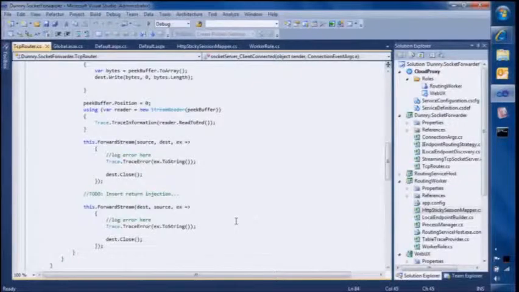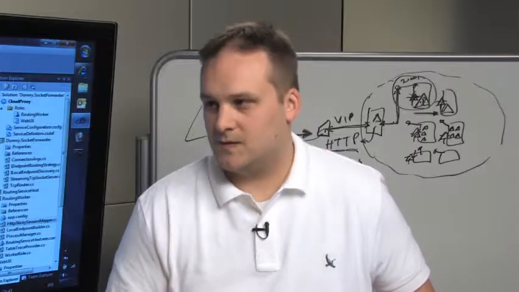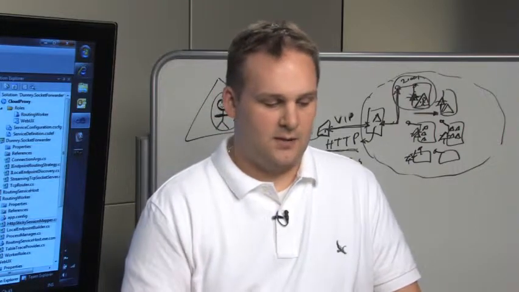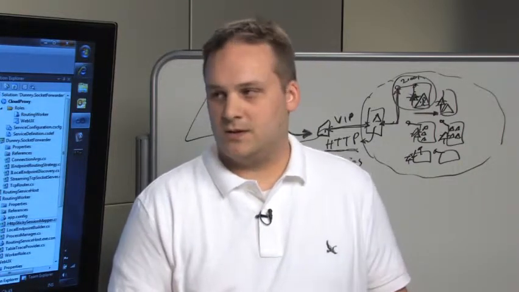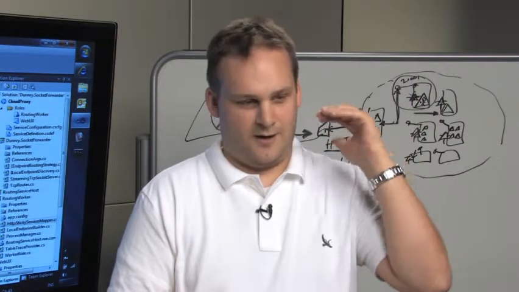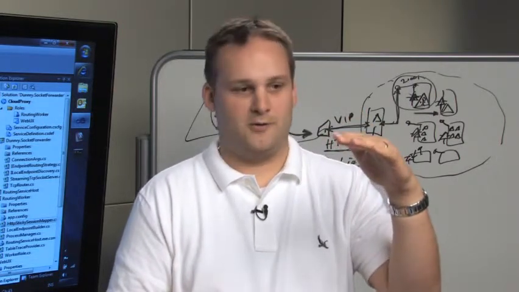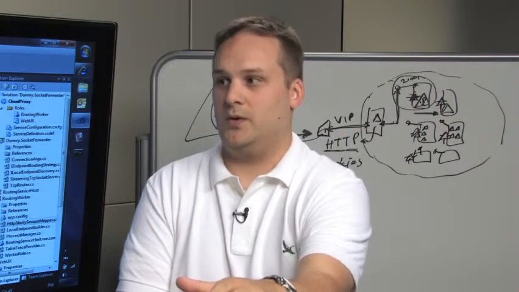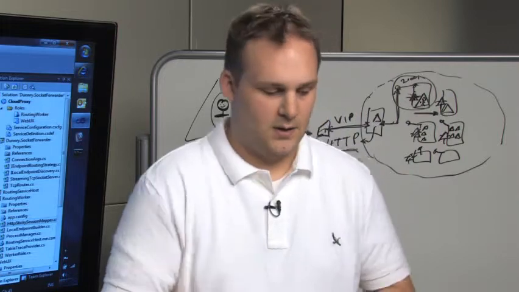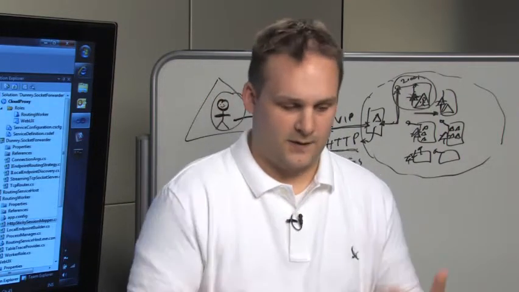And this forward stream, like I said, does an asynchronous buffered stream copy between the source and destination. And then from the user's perspective, nothing's changed. They're just hitting what appears to all the world to be a valid HTTP server, but under the covers, it's just forwarding it to the real server and then taking the streaming bytes back and sending them back. So nothing appears to be odd.